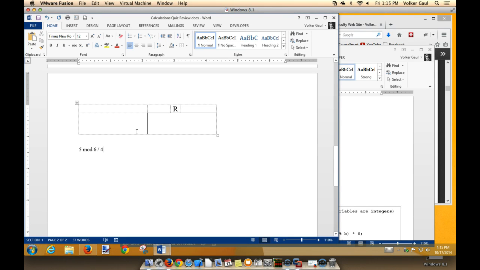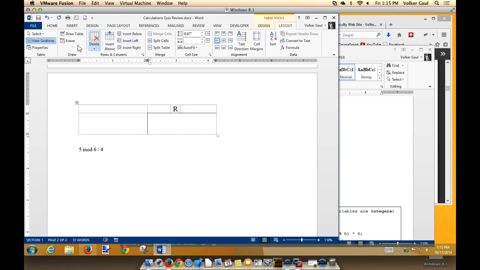So 5 mod 6, and here's a division. Let me turn off the stuff there. Click in the table, go to layout, get rid of the grid lines. There. So 5 mod 6, which do I put where? Does the 6 go here or here? 6 goes on the outside. 6 goes on the outside, very good. 5 on the inside. How many times does 6 go into 5?